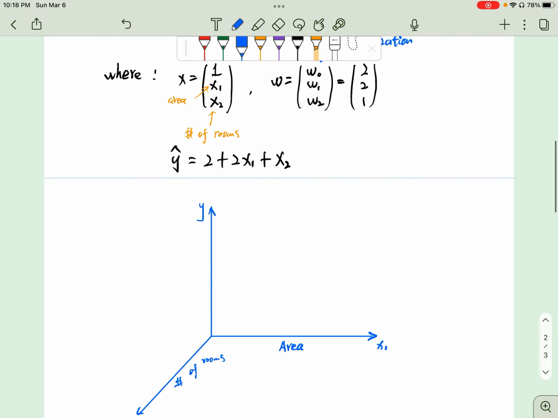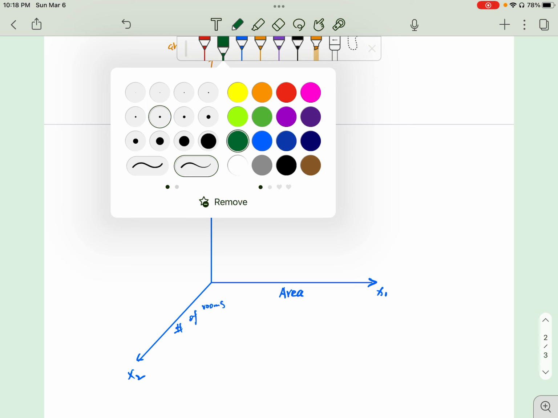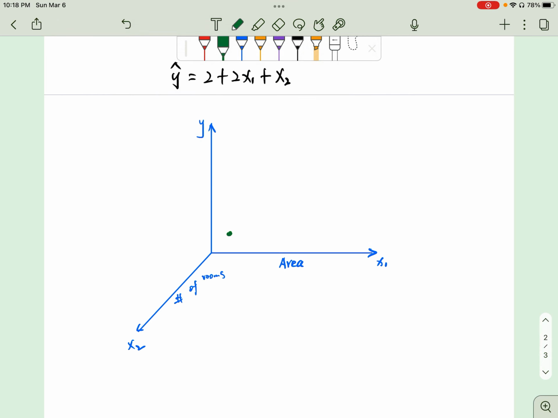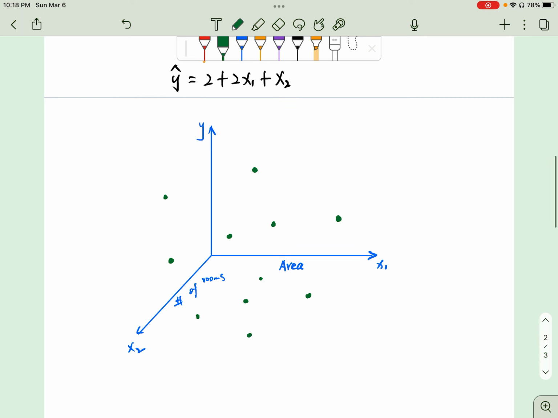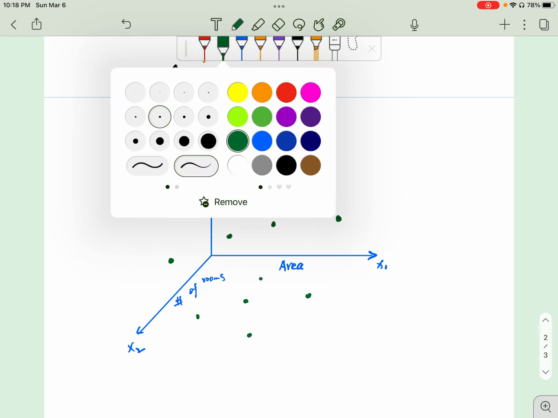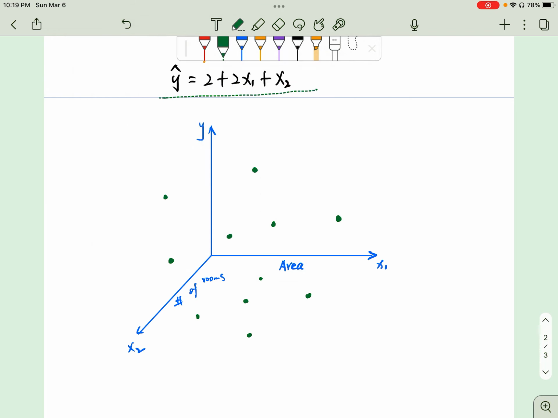Okay, let's suppose our data is something like this. We have some training points. Based on these training points, we get this model, and I want to visualize this model. Let's suppose our model is something like this.